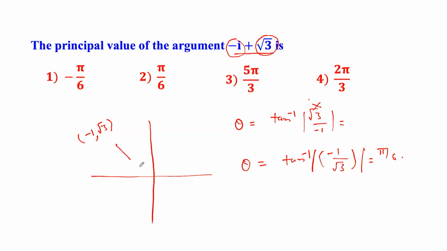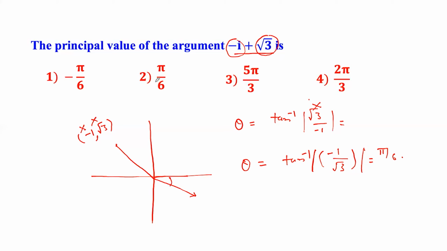And now we have to decide which quadrant this is in. Here x is root 3 and y is minus 1, so it is coming in the fourth quadrant.